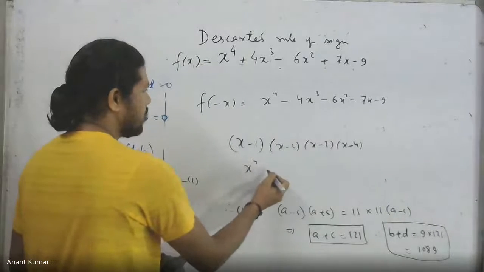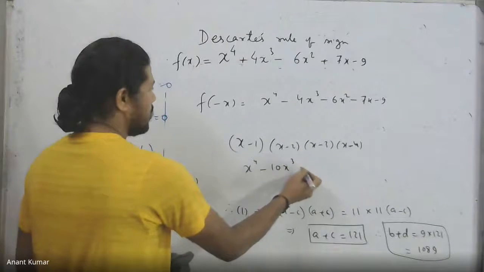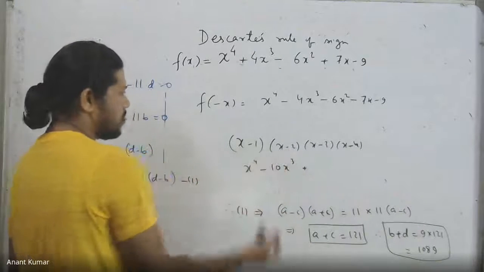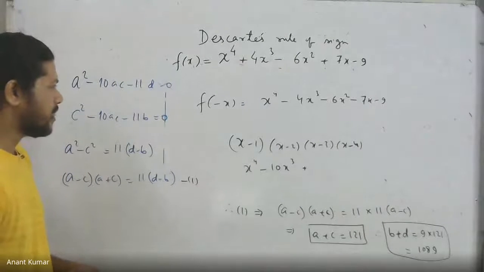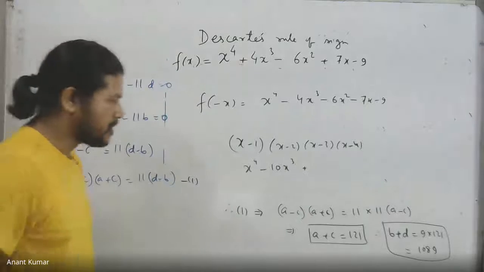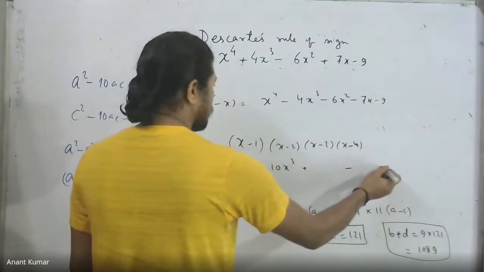What about the equation x to the power 4, then you have some coefficient, minus 10x cubed, then I'm going to have plus 2 into 6 into 12 into 8 into 12, whatever. There's a plus coming up, then we shall have a minus coming up, and then a plus at the end.